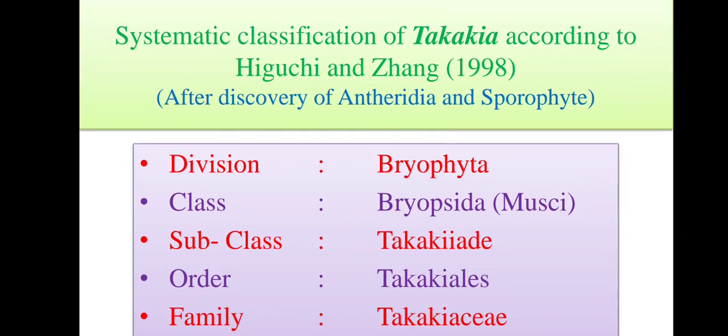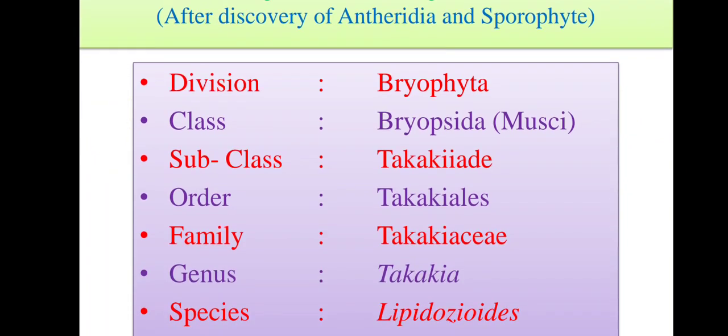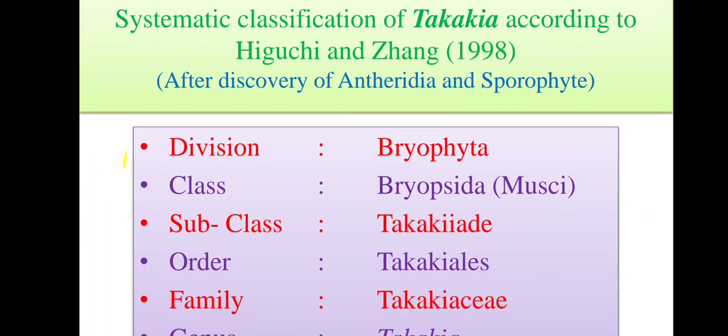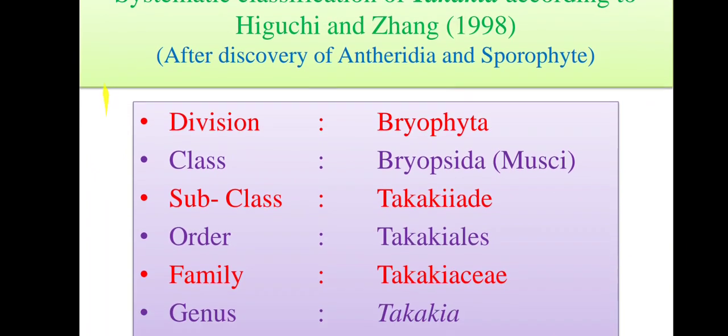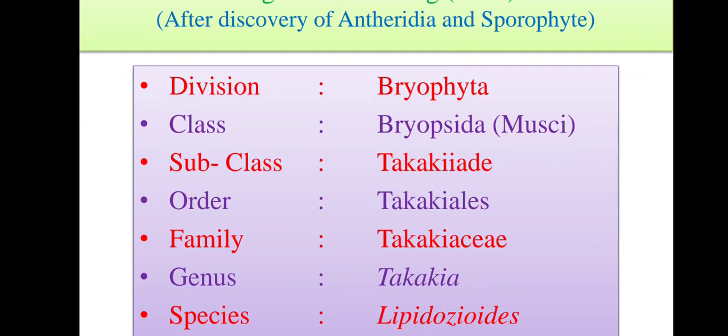The systematic classification of Takakia according to Higuchi and Zhang in 1998, after the discovery of antheridia and sporophyte. Outline of the classification of Takakia: Division Bryophyta, class Bryopsida.